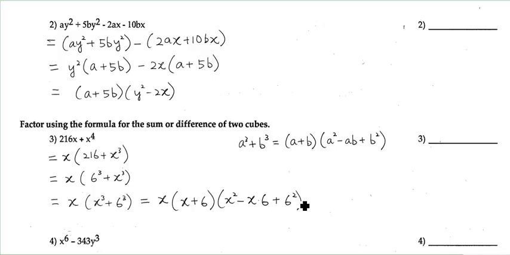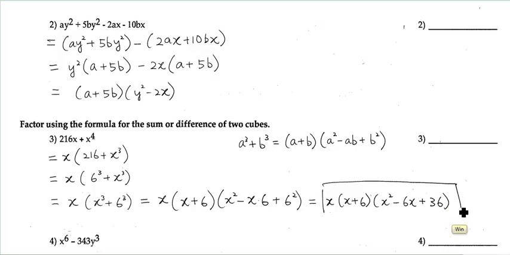Replace a and b by the corresponding variable or number. We can simplify a little bit more. That would become x times x plus 6 times x squared minus 6x plus 36. So that would be our final answer. Okay, let's put them in a box.